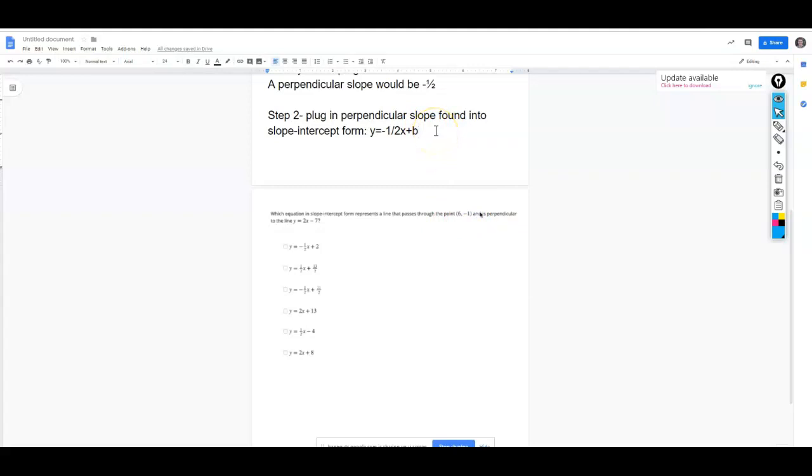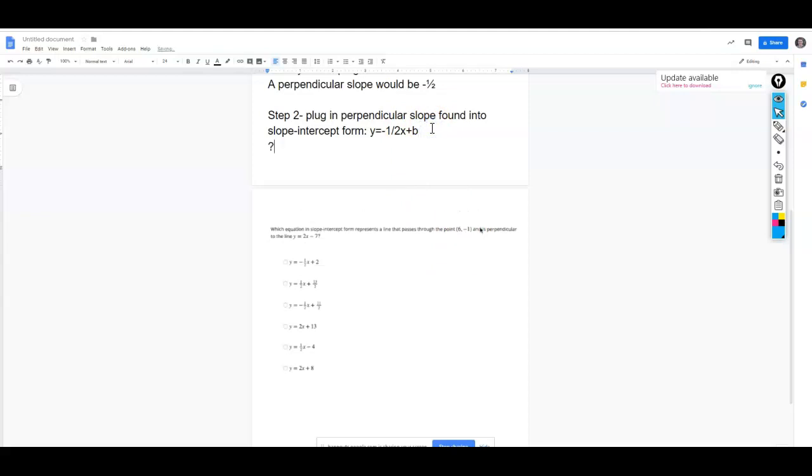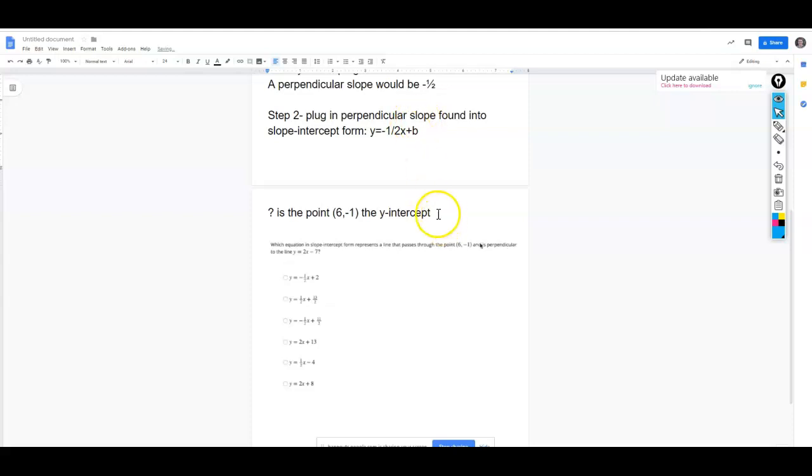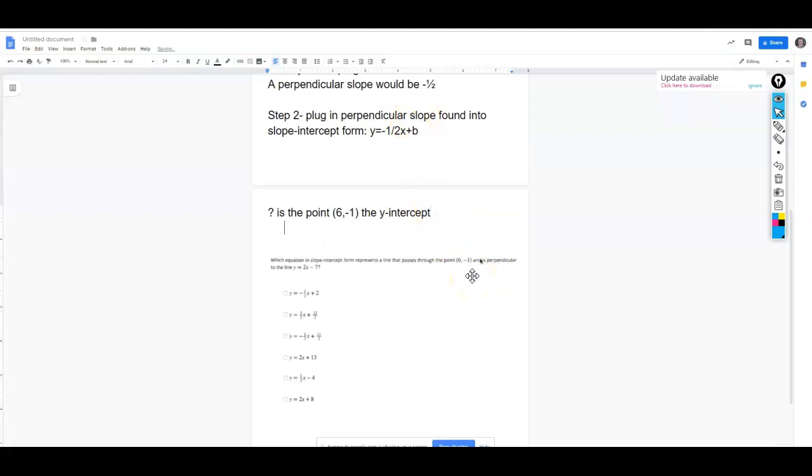So now the question is, is this point 6, -1 the y-intercept? Because if it is, it saves us a lot of work. And how do you know?